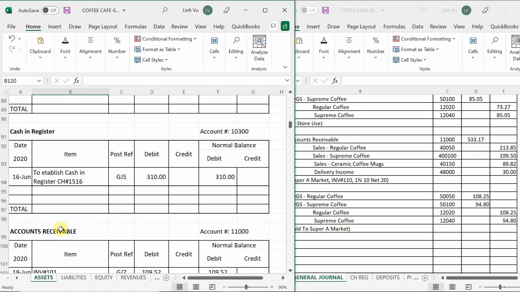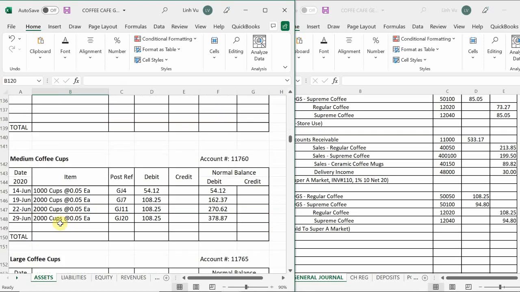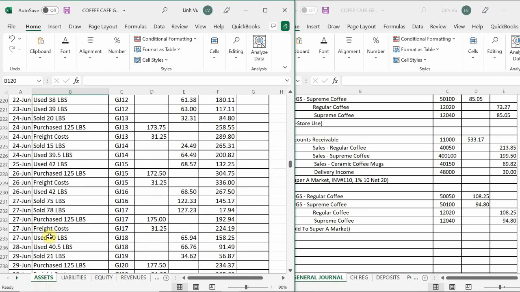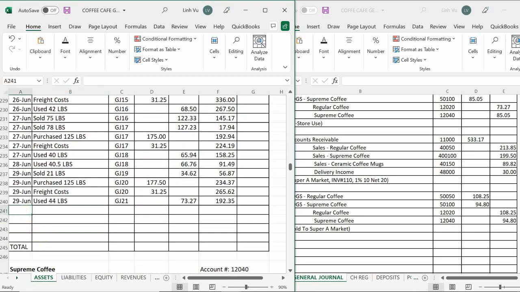Let's go ahead and update our ledger here for the inventory, starting with regular coffee.